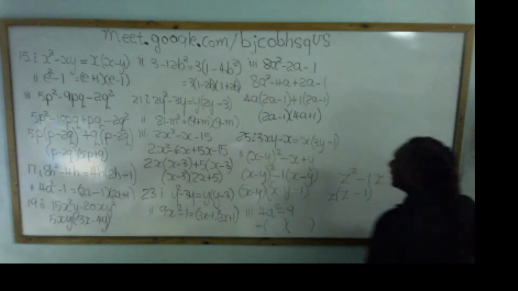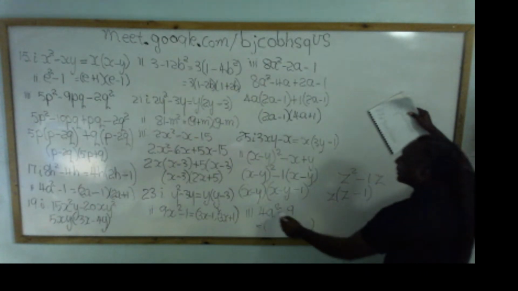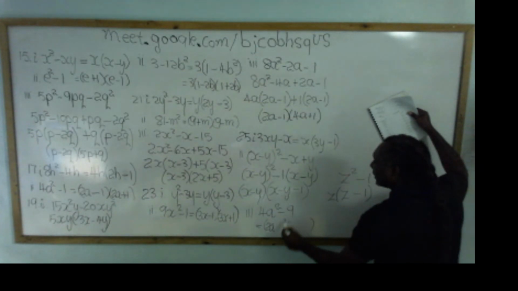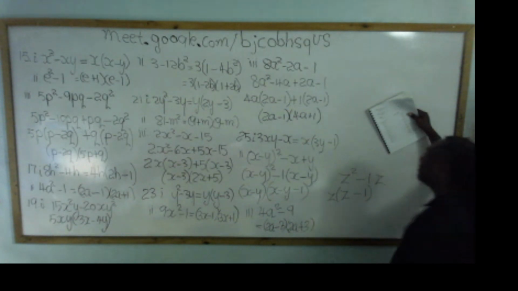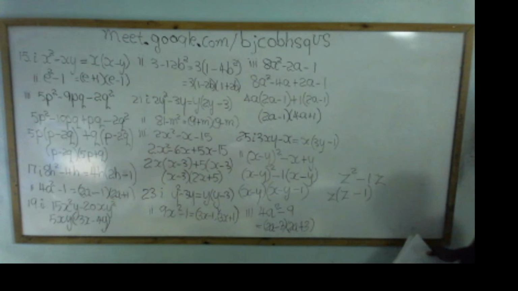Just a few seconds for that. Of course, it's a difference of 2 squares. What do you square to give 4a squared? 2a. What do you square to give 9? 3. So 2a goes there and 3 goes there: 2a minus 3, 2a plus 3. Your difference of 2 squares, and number 25 is finished.